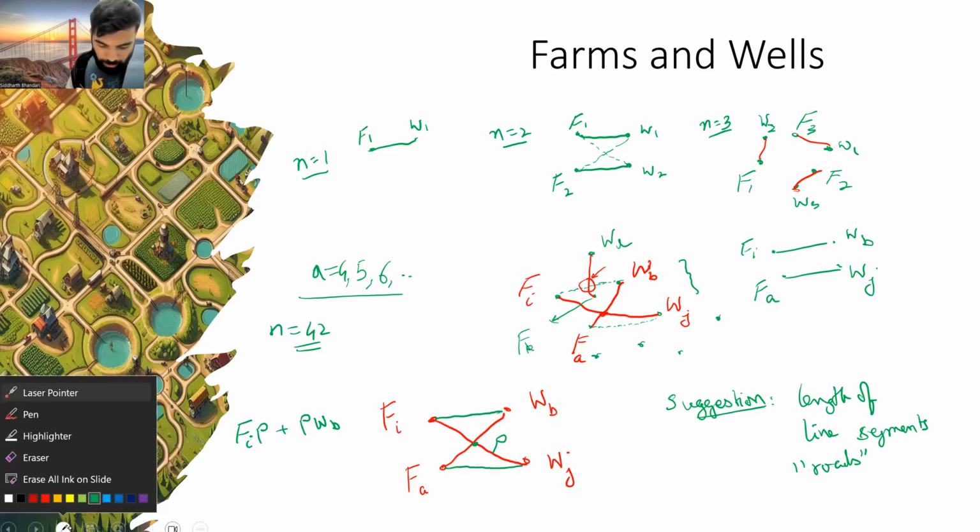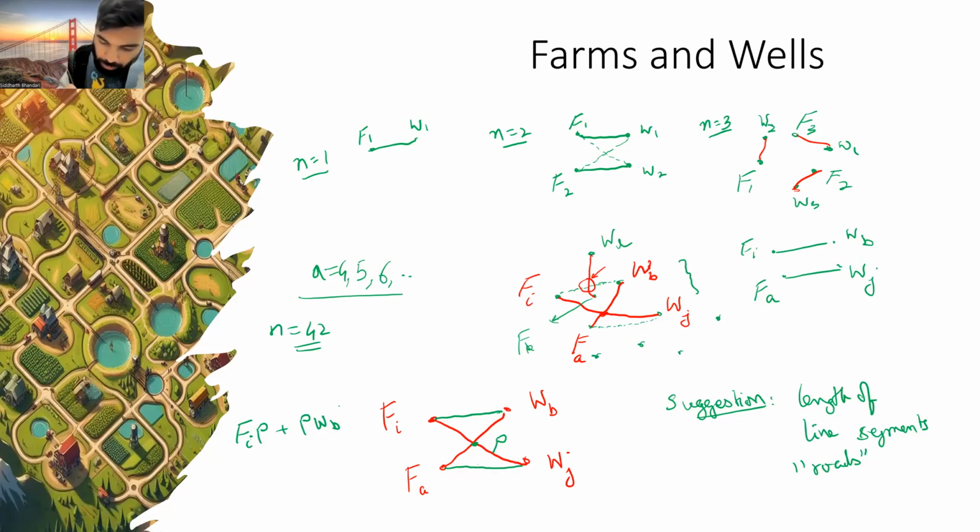So let me quickly also, despite Abhishek's objection, write it down and then not sum it up though. FIWB. This is the first inequality. And then the second inequality is FAP plus PWJ is greater than FAWJ. And you just sum it up. If you just sum this up, you will get exactly what we were suggesting.